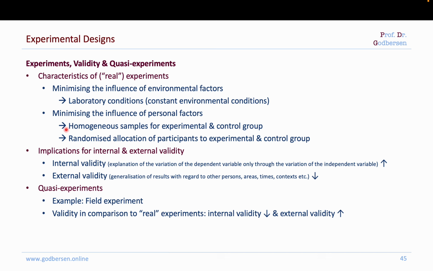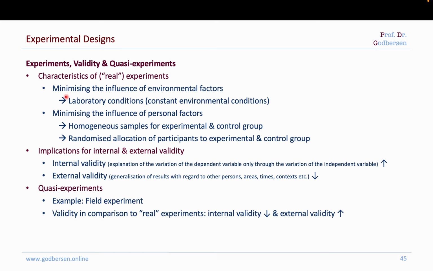So the participants in the experimental group and the participants in the control group must be similar. And this is normally achieved through a randomized allocation of participants to experimental and control group. Like tossing a coin, and whatever comes out, this person goes to the experimental group or to the control group. That is a pure experiment, if you will, a real experiment.